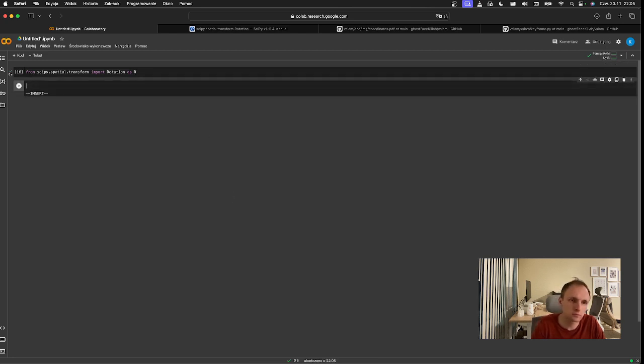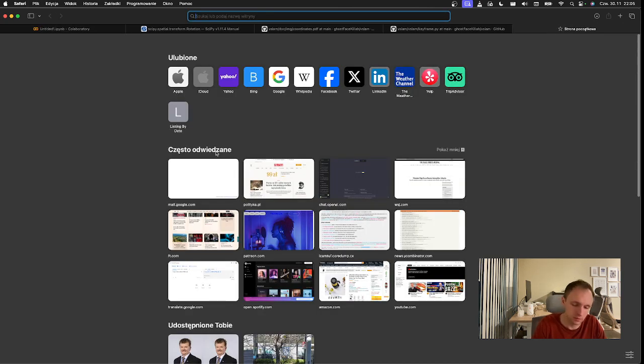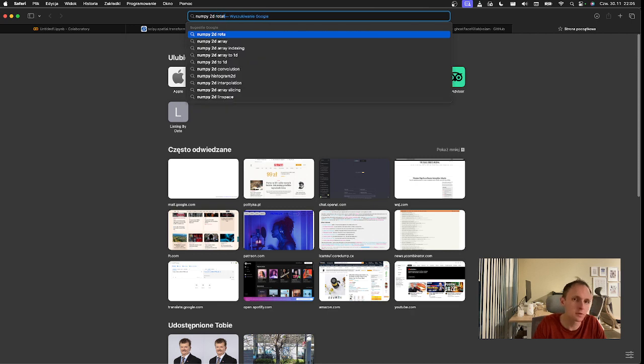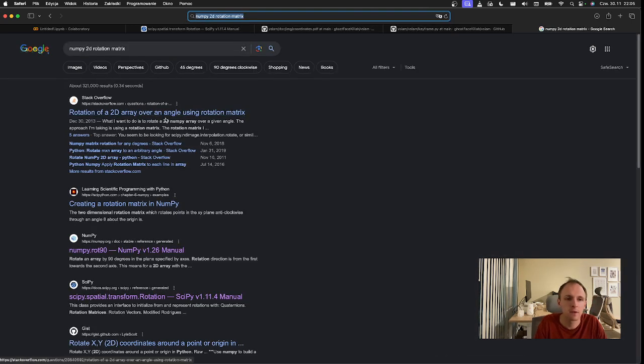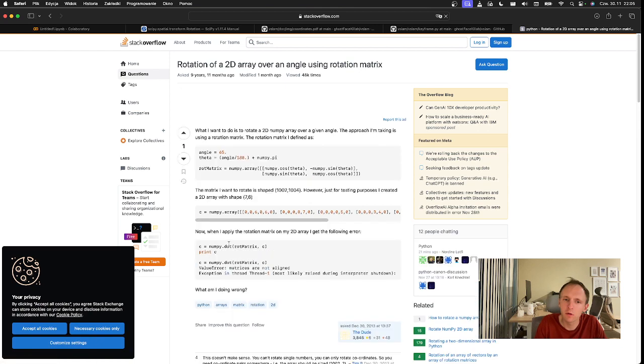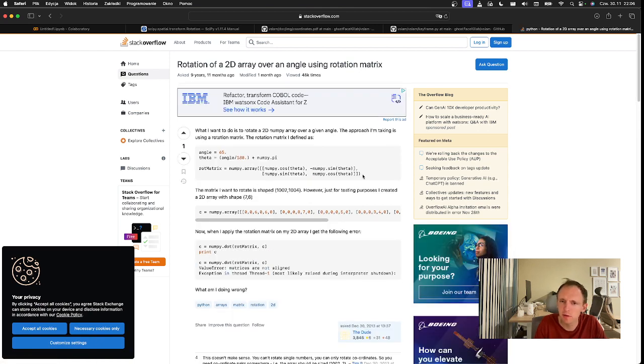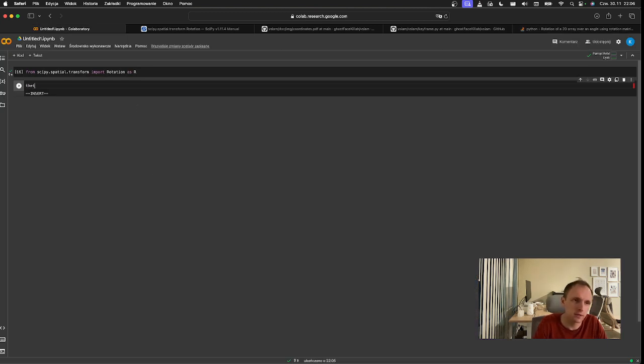Okay, how do I do a numpy 2D rotation matrix? Okay, yeah. Let me do theta equals np... import numpy as np.